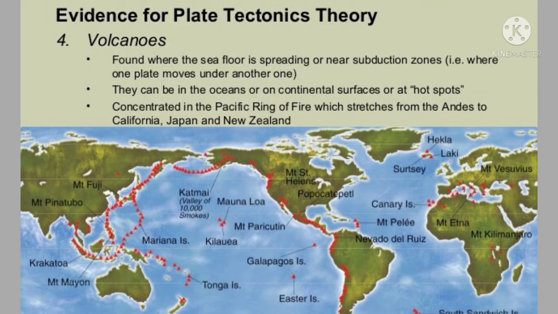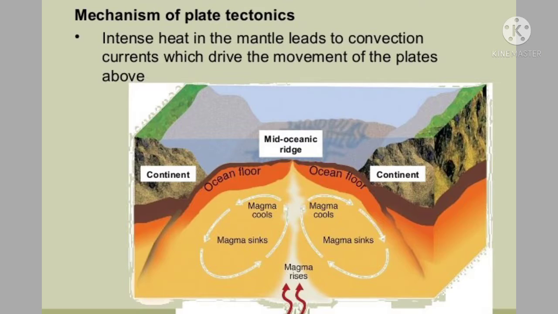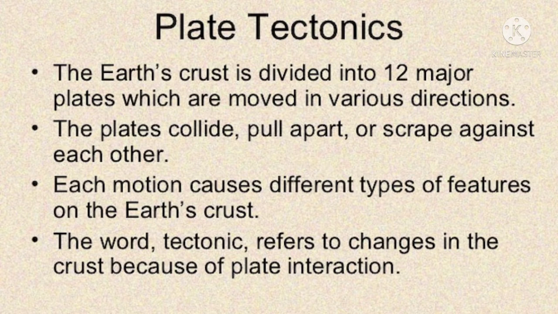Next force is the hot spot of volcanic activity. Small chains of past volcanic activity are often located far from any active plate boundary, suggesting the effects of convectional currents on the lithosphere. These are also known as hot spots, due to which the plates get movement. Then next is the volcanic eruption.